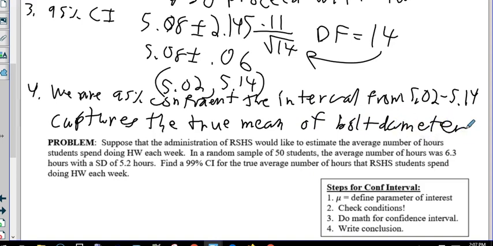That's it. So the sentence is going to be that very basic sentence. We are blank confident that the interval from blank to blank captures the true mean of fill in the blank with whatever sentence we put at the very beginning. Diameter. I don't know which word you're pointing at.